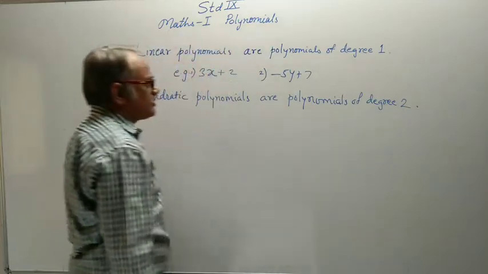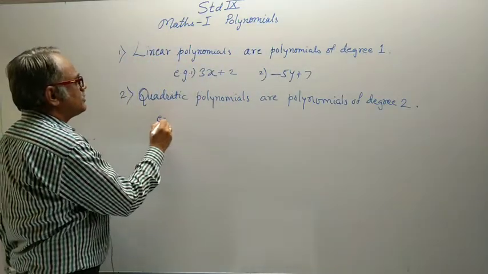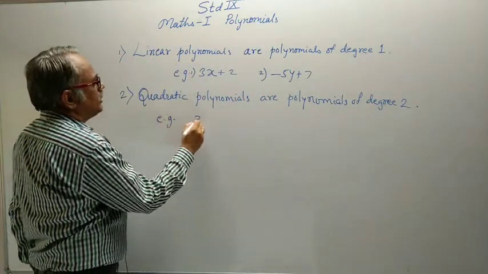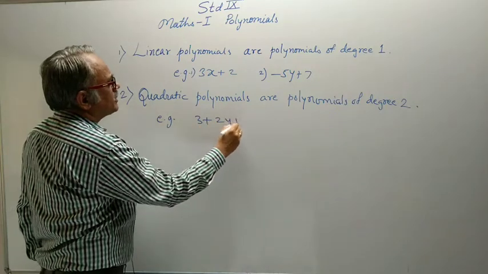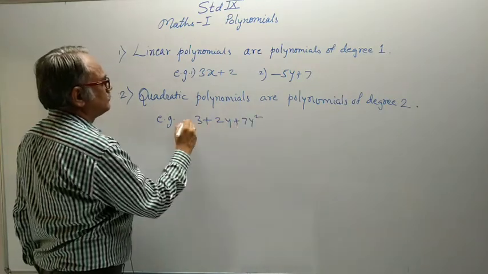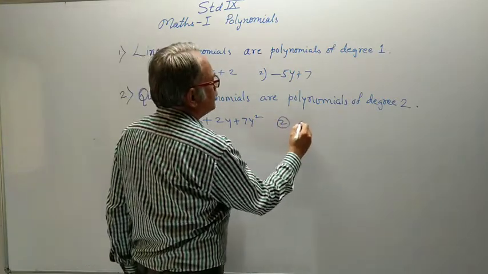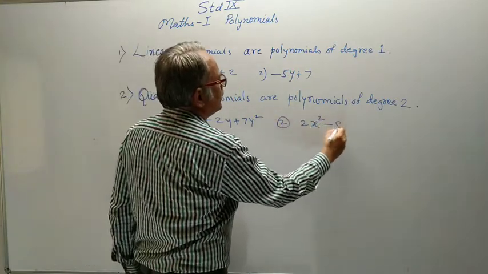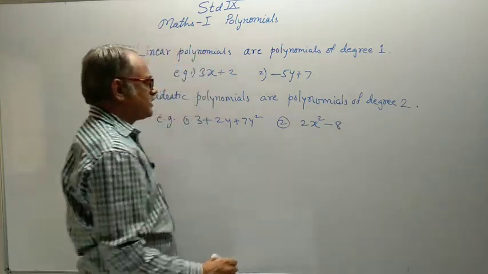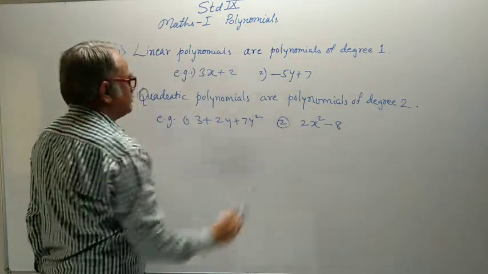Degree 2 means x square, y square term will come. For example, 3 plus 2y plus 7y square. Second example, 2x square minus 8, etc. Square term maximum.